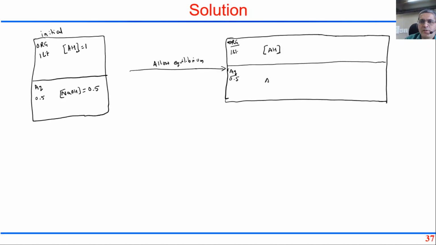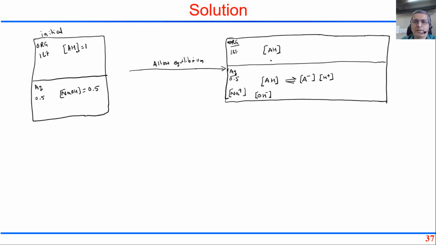In the aqueous phase, we have AH, but this AH is dissociating as A minus and H plus. And in addition, we have NaOH, so that means we have Na plus ions and OH minus ions. Do you agree with this?